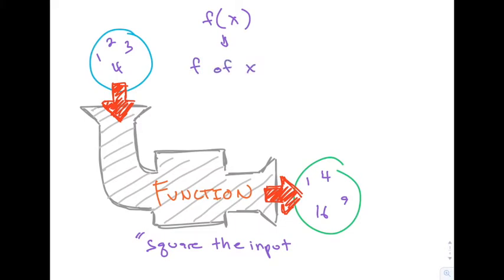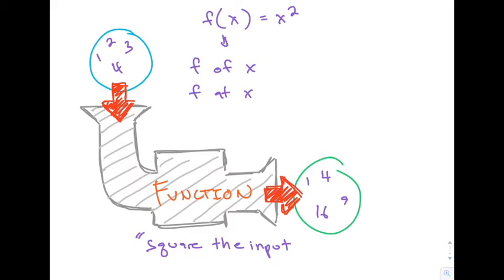You might also see f at x or other things like that. Conventionally, most people say f of x. And then we need to write how we're applying this rule to x. In this case, we're squaring the input x, so we can write just x squared. F of x equals x squared.